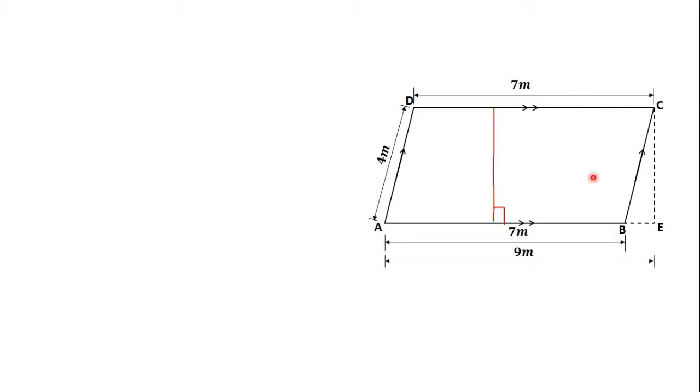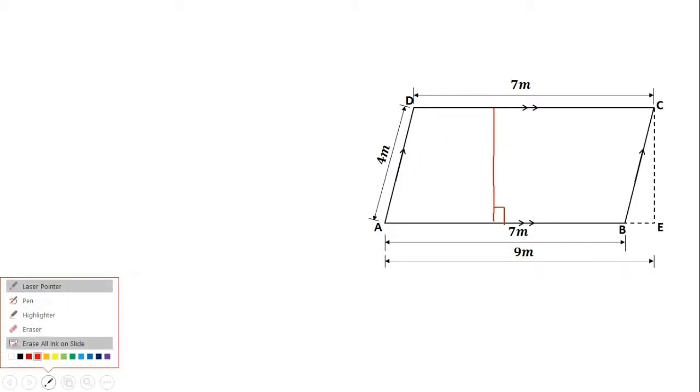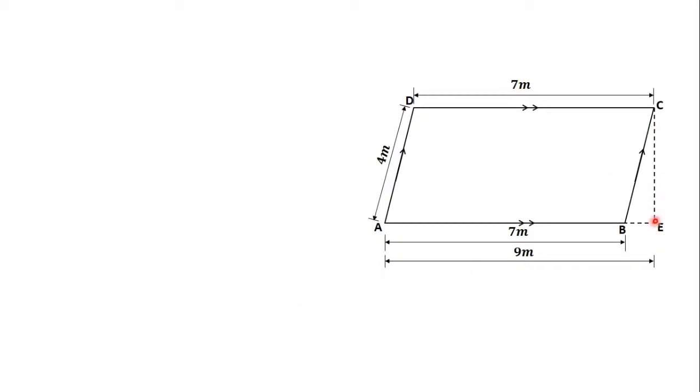If you look at this diagram very carefully, you will see that the line drawn from DC to meet AB is the same as the line from C to E. So it means that if we're able to find the distance CE or EC, we are going to have the height of the parallelogram. So let's concentrate on finding the distance EC or CE.